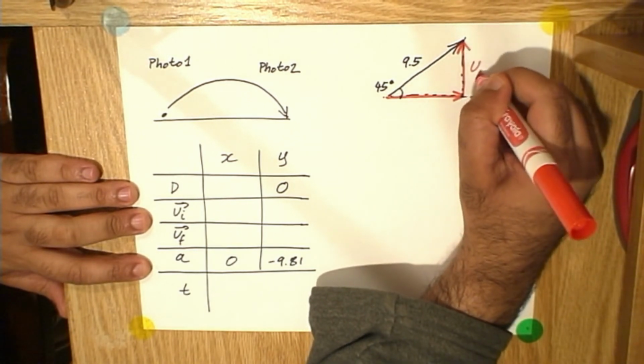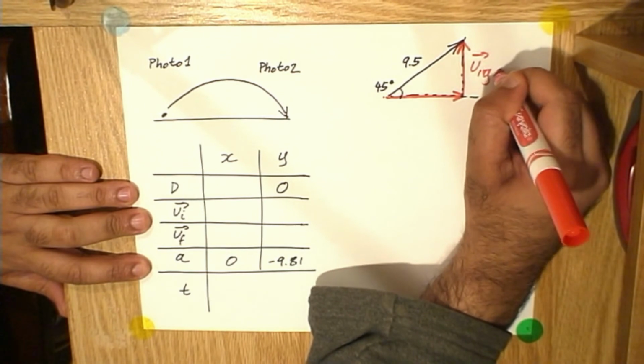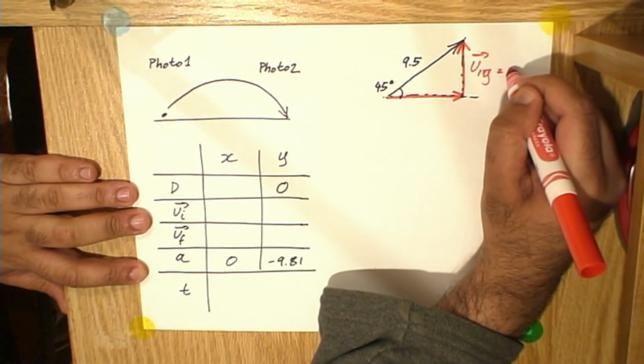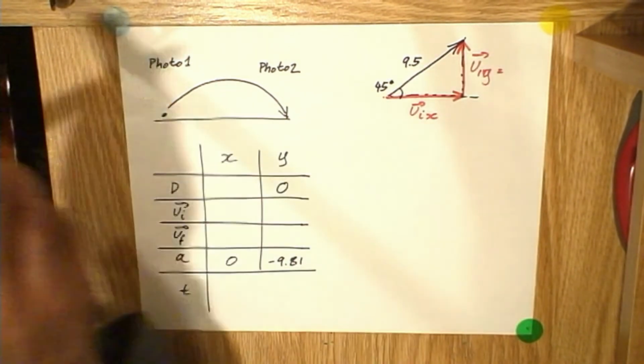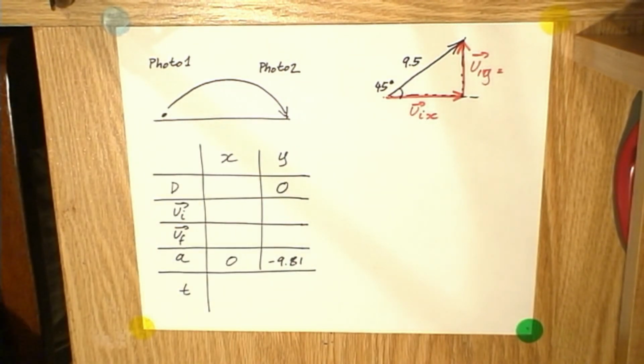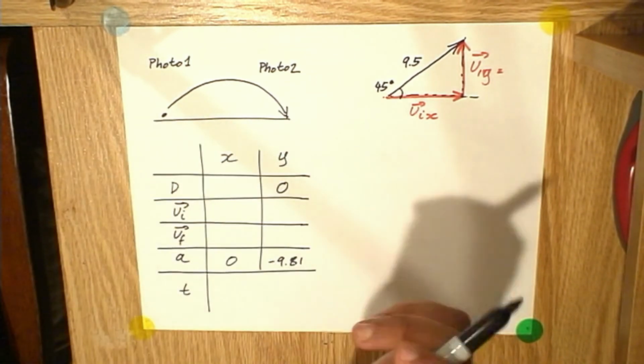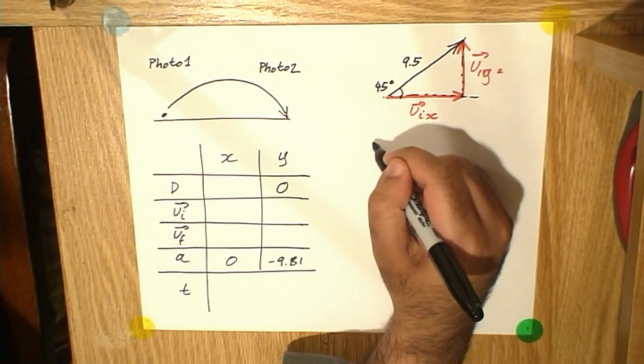Let's start converting this into rectangular. We have v initial in y, so that's going to be our sine theta, and this over here would be v initial in x. So let's do this conversion.